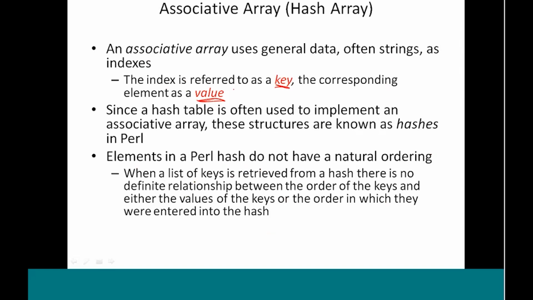These two terms are very important because we will be looking at this from these two terms. So I want you to remember this. In a hash array or an associative array, the indexes are referred to as keys, and the corresponding elements in the array are referred to as values.